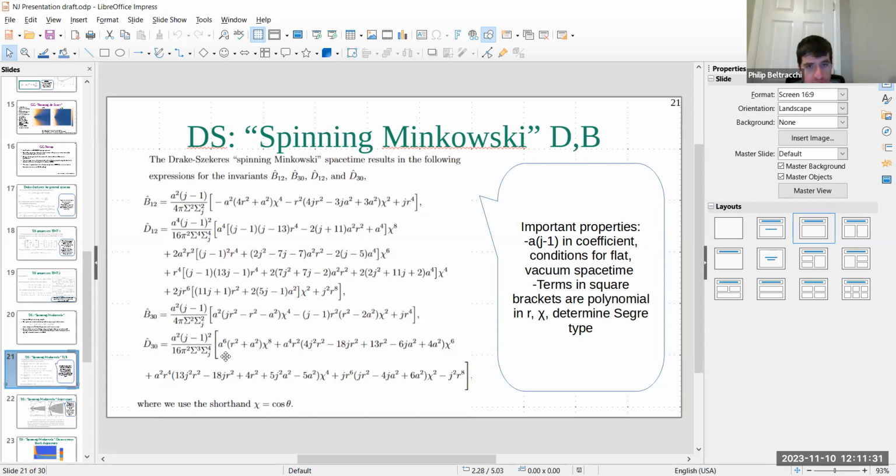Actually, looking at these here, I do think it would be asymptotically flat because the highest power of r here is r to the 8th, and in this denominator we would end up with something like r to the 14th.